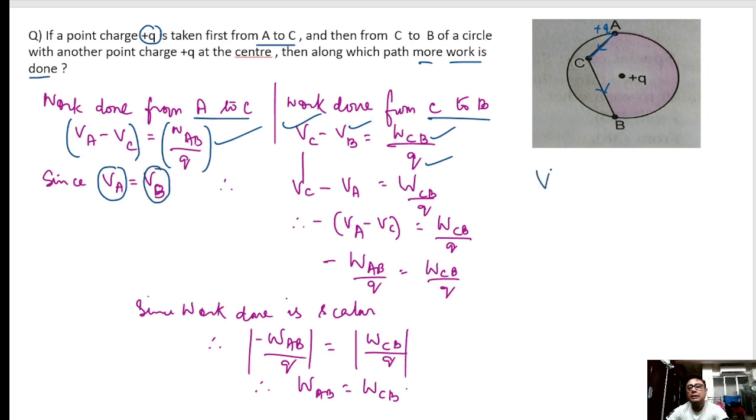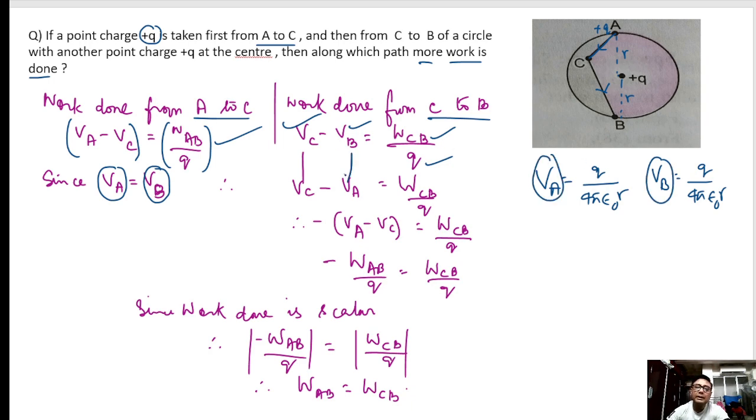Why? What is the potential at A due to Q? It will be Q by 4 pi epsilon O R. And what is the potential at B due to Q? The distances are the same, so it is Q by 4 pi epsilon O R. That is why VA and VB are the same.